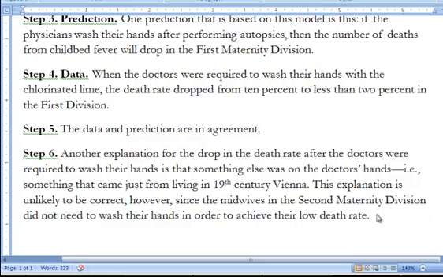However, you can see here that I don't consider it as good as Semmelweis' explanation, and one reason why it doesn't seem to be quite as strong an explanation is because the midwives who were working in the other maternity division were also getting the same stuff on their hands just from living in the city, and they still had a low death rate.